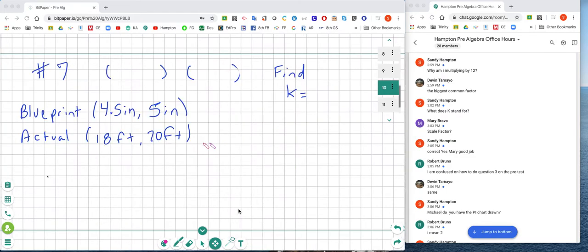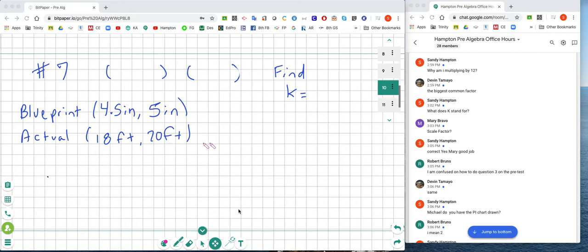We're going to do number 7. So number 7: on the blueprints of Mr. Wong's house, his great room measures 4.5 inches by 5 inches. The actual great room measures 18 feet by 20 feet. What is the scale factor of the dilation?